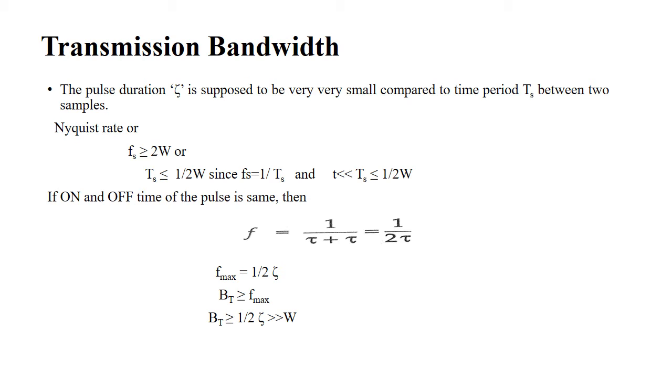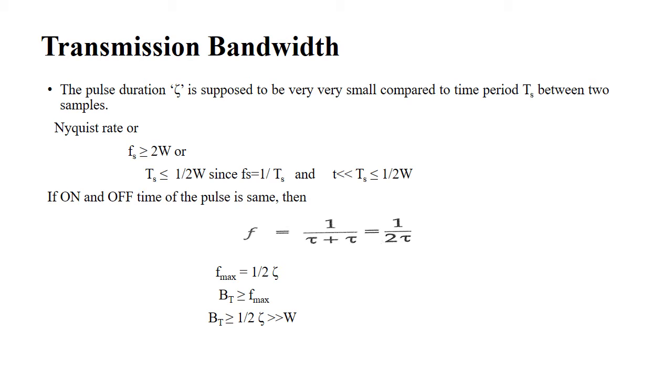If the on and off time of the pulse are the same, then the frequency of the PAM pulse becomes F equal to 1 divided by tau plus tau, that is 1 by 2 tau. So the maximum frequency of the PAM signal is F max equal to 1 by 2 tau, and Bt is greater than or equal to F max.